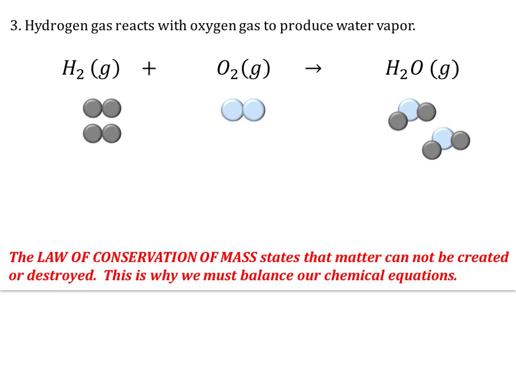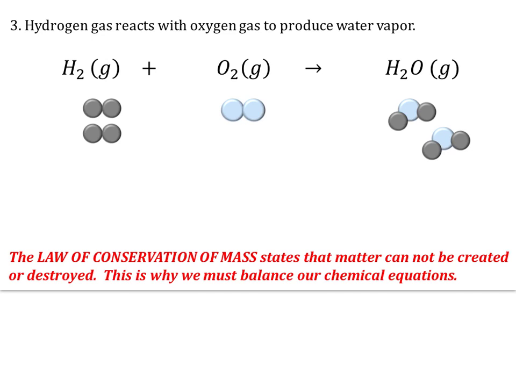This slide is just a summary of what we did on the previous one, just to clean it up a little bit and show that we have our equation that we wrote first. We just wrote out each of the pieces based on the written description. And now we need to balance it, and that balancing is really an accounting of the atoms on each side.